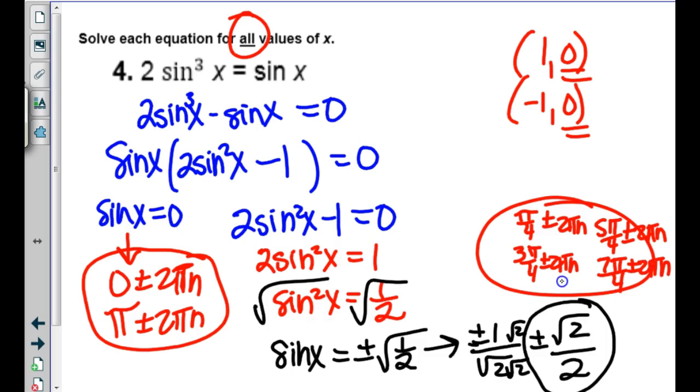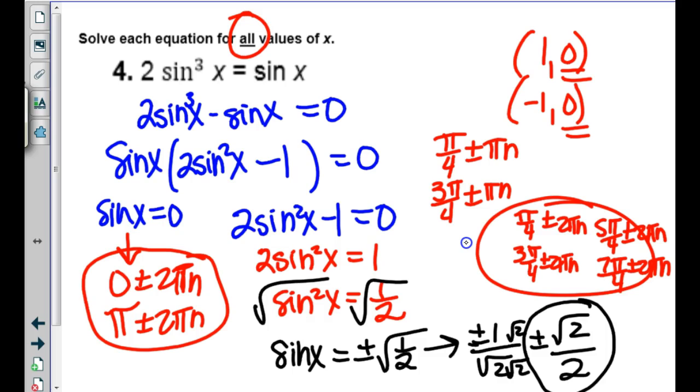What do you notice about all 4 of those solutions when you look at your unit circle? Yeah, they're all straight across from each other, aren't they? So you could have said the first one plus or minus pi n, because you could go straight across, and then the second one plus or minus pi n straight across. There's even shorter ways to write it.